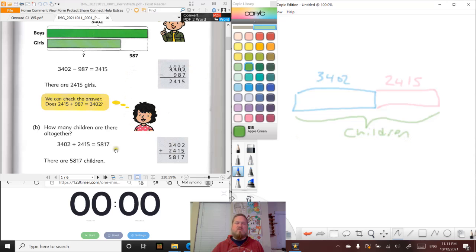And here they've done the problem 3,402 plus 2,415 equals 5,817, or you can write it out like this: 3,402 plus 2,415. 2 plus 5 is 7. 0 plus 1 is 1. 4 plus 4 is 8. 3 plus 2 is 5. We didn't have to rename or carry any ones in that.